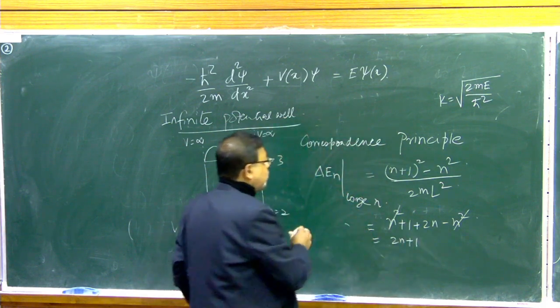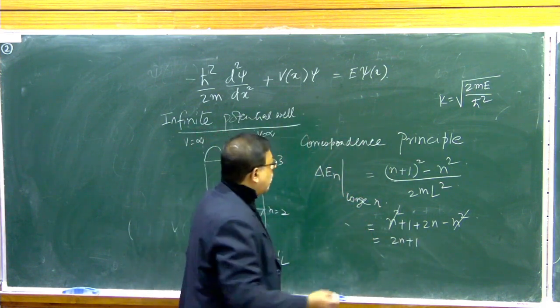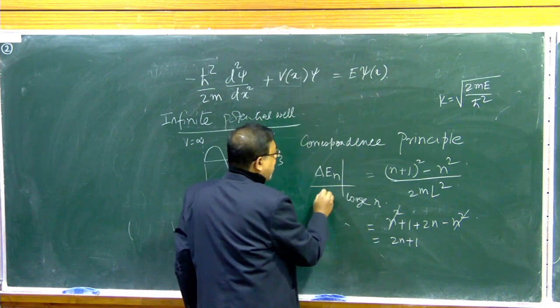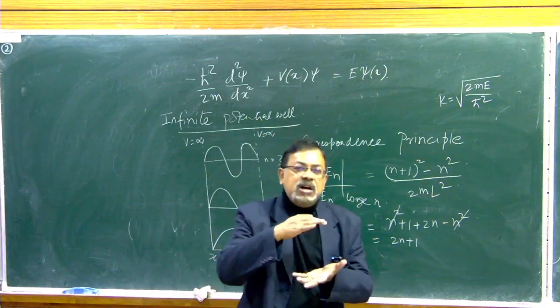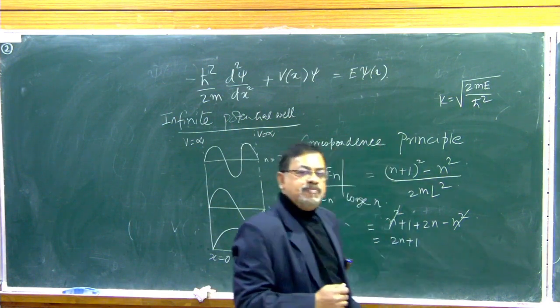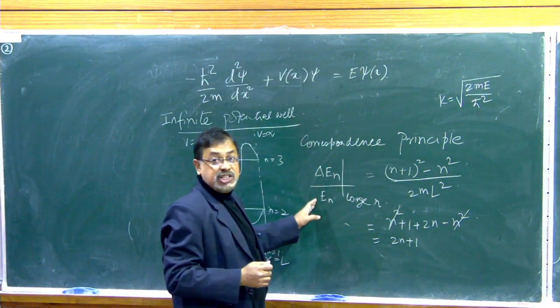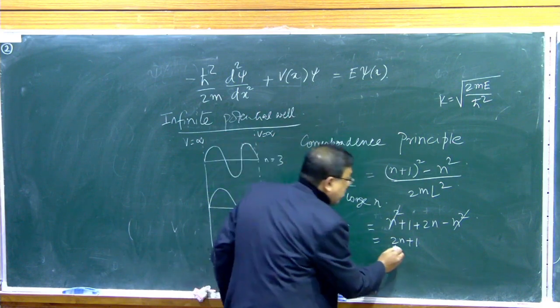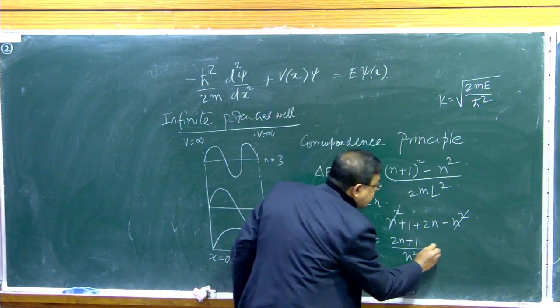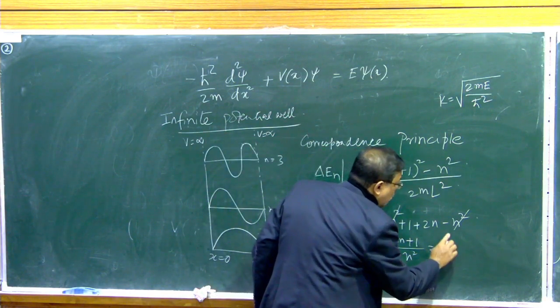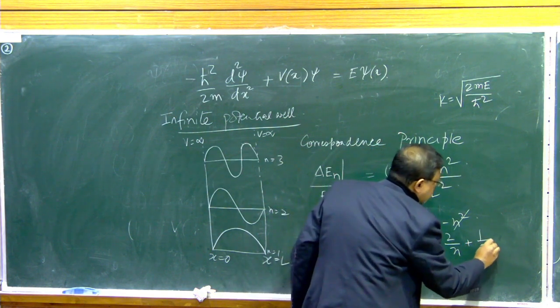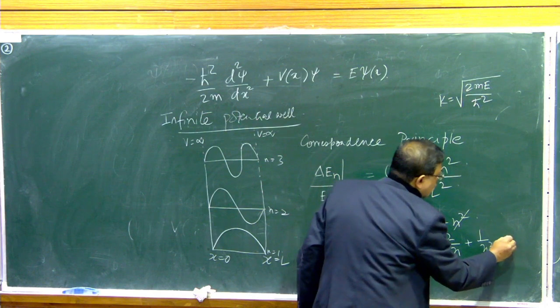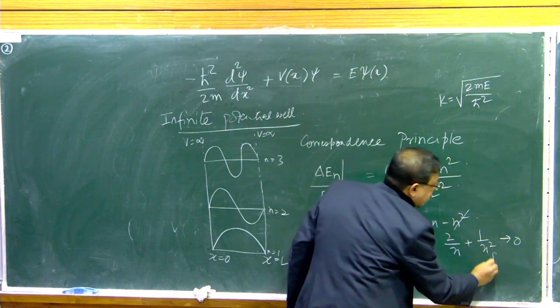But the more meaningful quantity is when you divide it by En, which means the fractional energy, or the relative energy difference, for large n. So we have to divide it by n square, which means it is like 2 over n plus 1 over n square, which of course goes to 0 for large n.